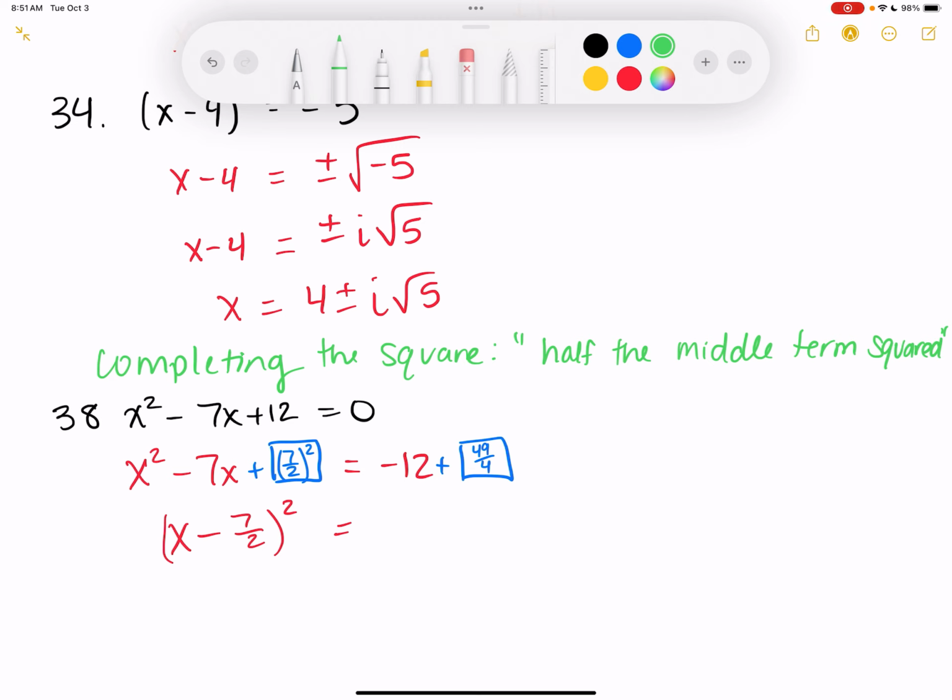So this is going to be negative 48 over 4. I don't mind if you do that to save some writing. That leaves me, if I add negative 48 over 4 plus 49 over 4, with 1/4.